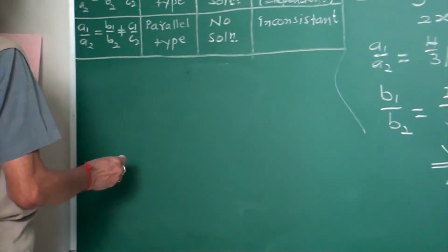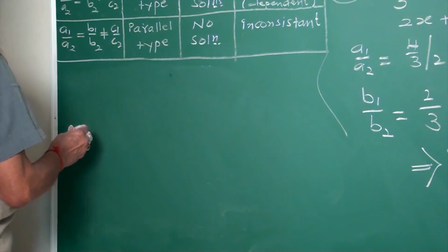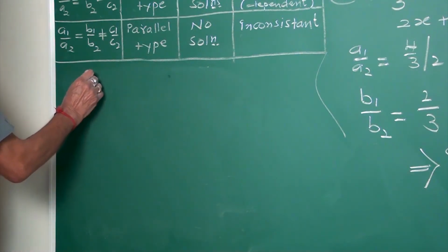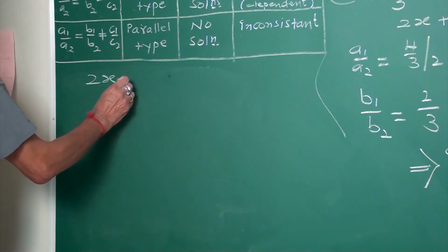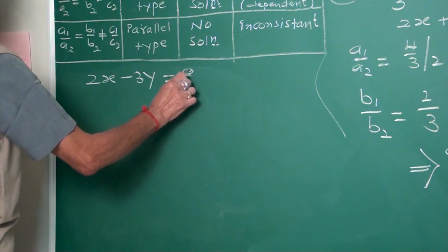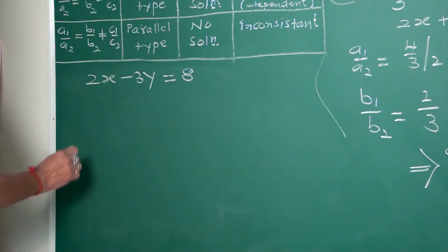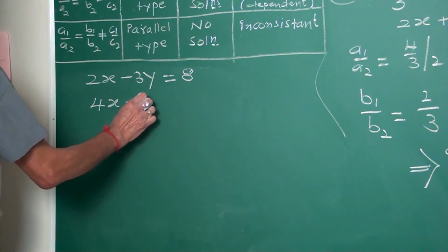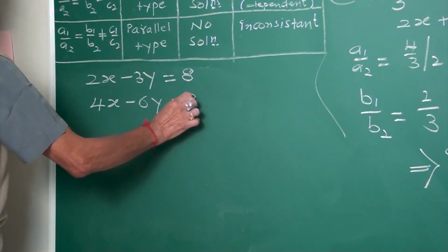This is 2x minus 3y equal to 8, 4x minus 6y equal to 9.